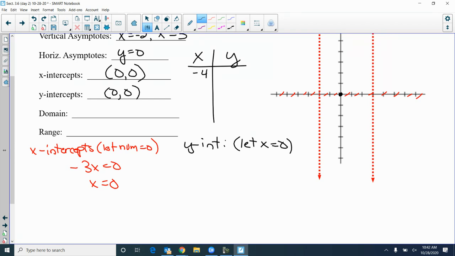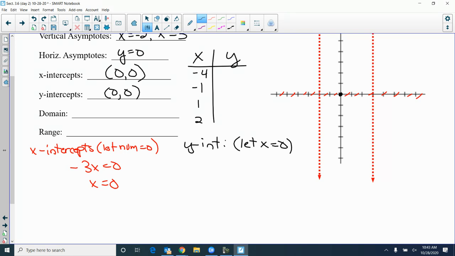What's the next point I have to use? I have to use negative 1 because it's between the x-intercept and the vertical asymptote. What's another point I have to use? Listen, Ryan? 1 or 2, it doesn't matter.